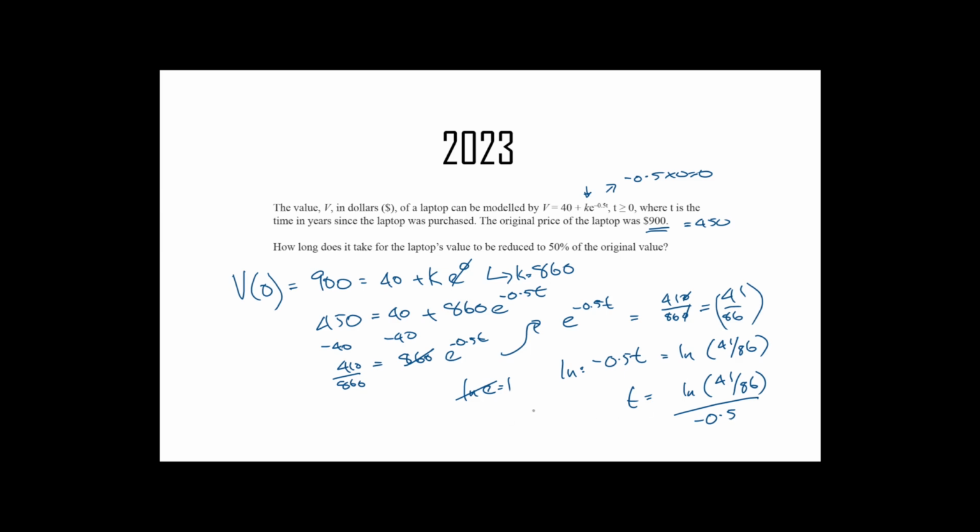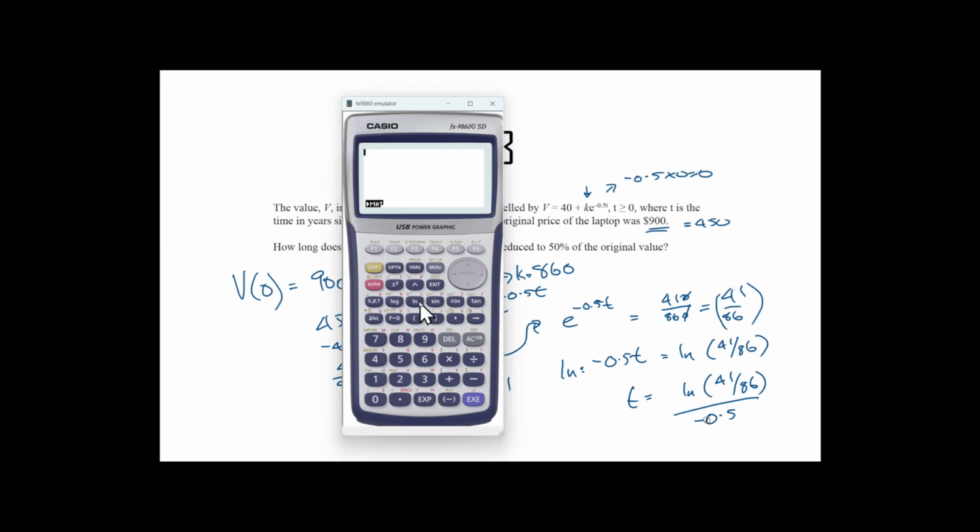So therefore, I think we can grab our calculator. The natural log of 41 over 86, is that a negative number?